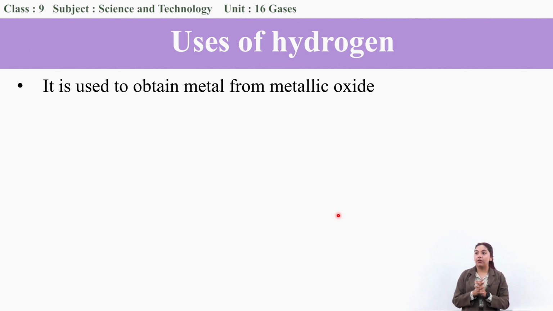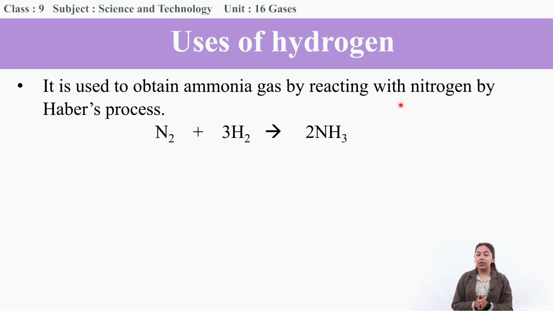Now, after we have studied all those physical and chemical properties, let us see the uses of hydrogen. The first use of hydrogen that I just mentioned is that hydrogen is used to obtain metal from metallic oxide. Another use is when hydrogen reacts with nitrogen by Haber's process, we can obtain ammonia.